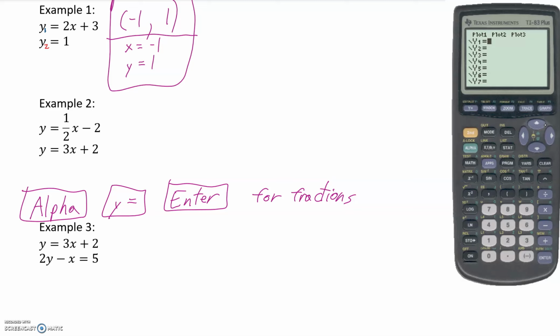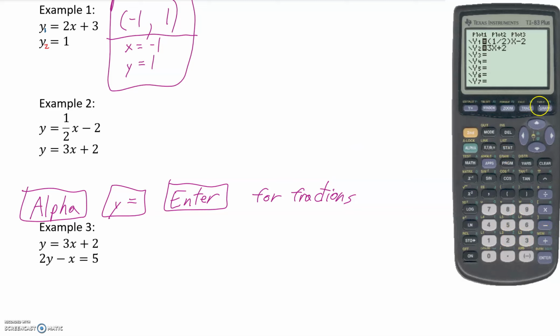Now, if you have a TI-83, you're going to have to type it like this: bracket 1 divided by 2 bracket, and then that is your fraction. Now you can press x minus 2, and that is our first equation. Our second equation is 3x plus 2.